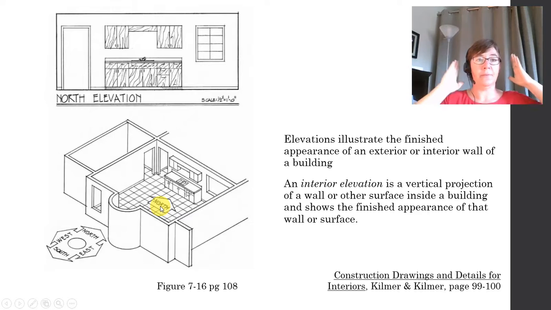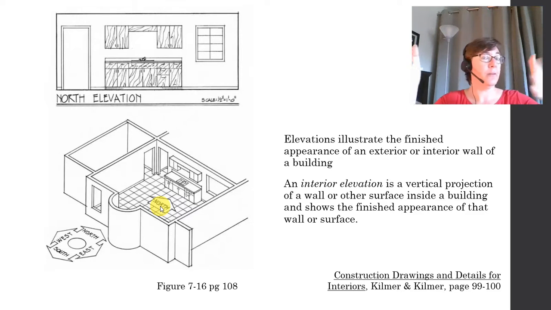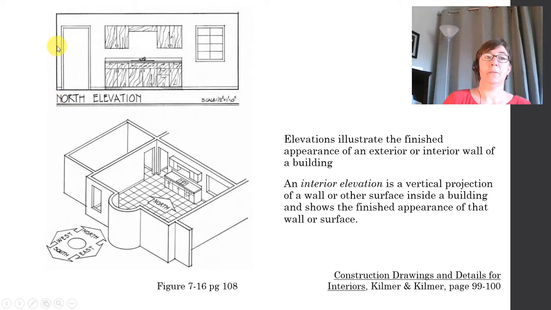So it is the view directly at that wall. It's not at an angle of any kind. You can't see any of the three-dimensional objects that are around it. You can't see the ceiling. You can't see the side walls. You are looking directly at that wall, this piece right here. And that's an interior elevation.